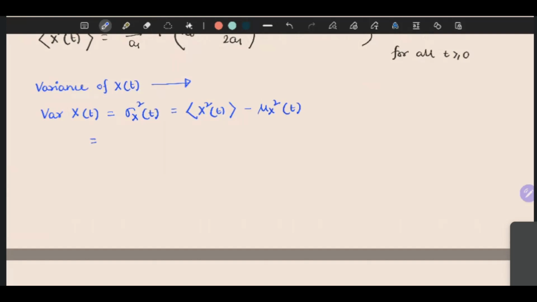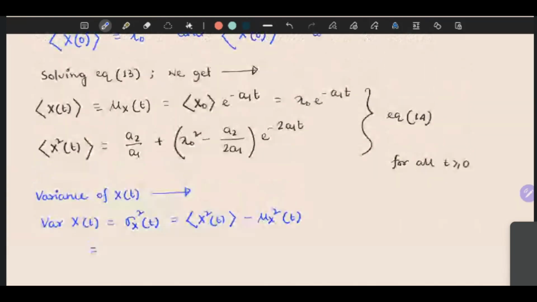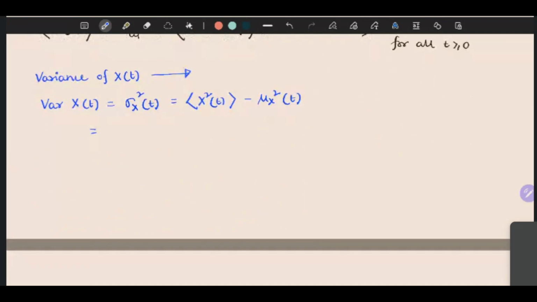So this x square e to the power minus 2a1 t will cancel out, and that becomes a2 by a1 into 1 minus e to the power minus 2a1 t.